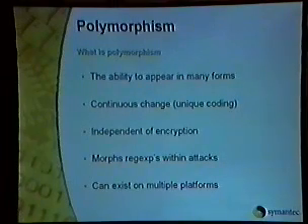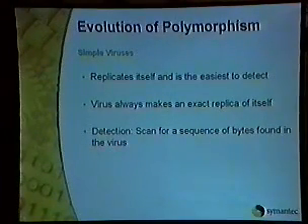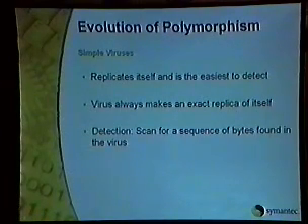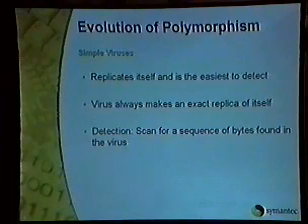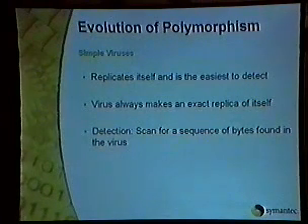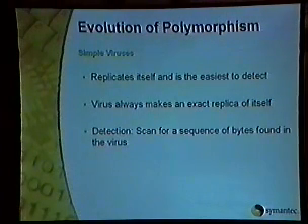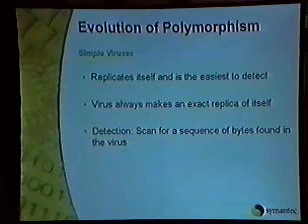So with our understanding of polymorphism, let's jump into what happens in the virus world. The first of the viruses were considered simple viruses. Basically, it replicated itself, and these were very easy to detect. These viruses mainly spread via floppies, program files, and attachments within emails.